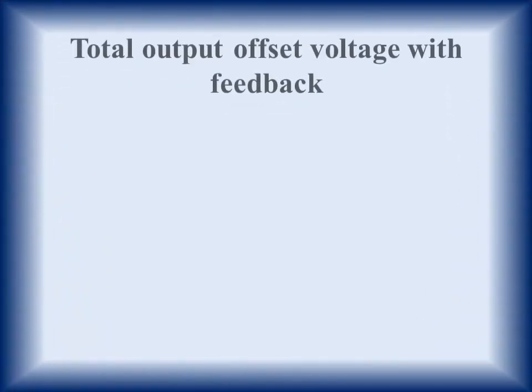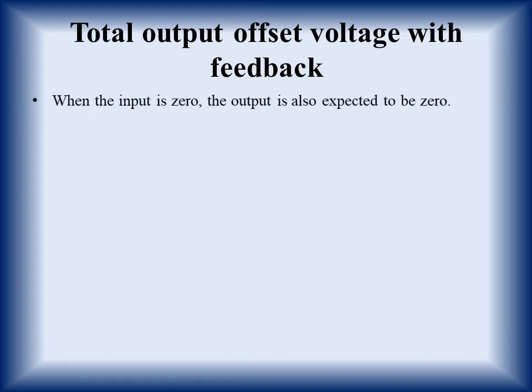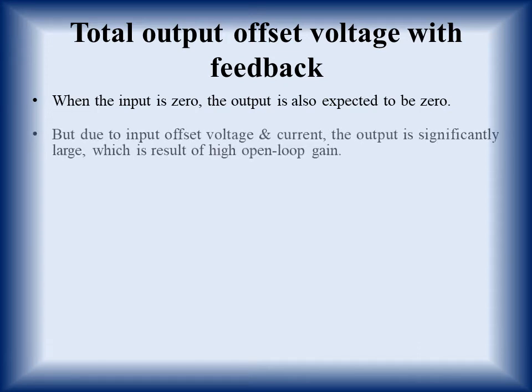Now the next parameter that we will discuss is total output offset voltage with feedback. We know that if we apply no input, that is, the input is 0, then the output should also be 0, because we are not providing any signal.